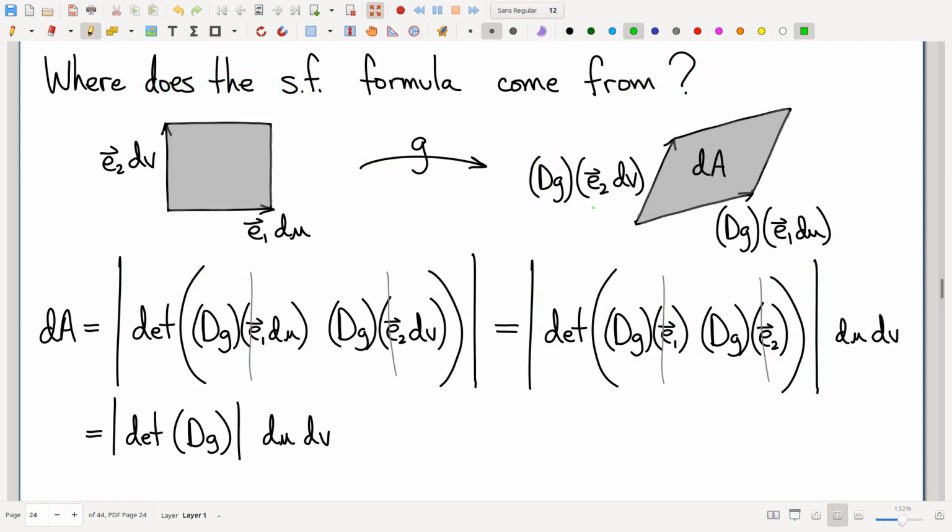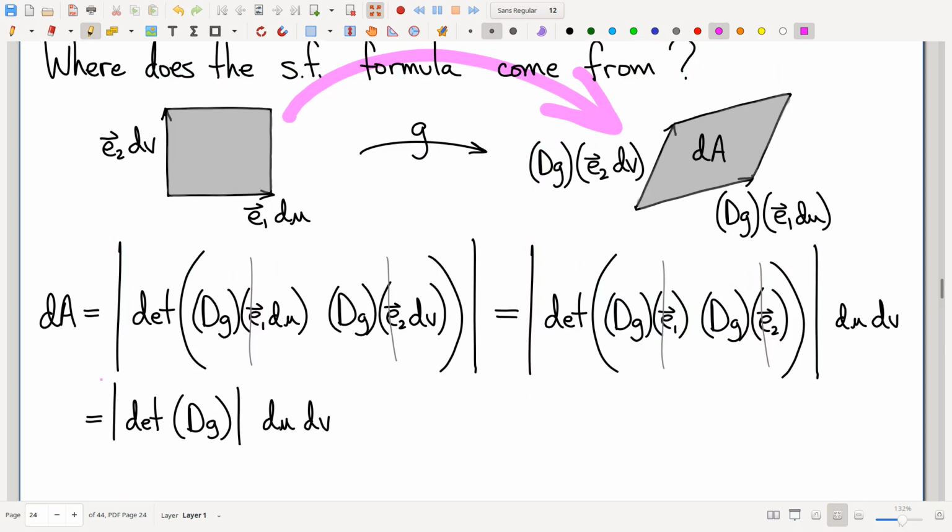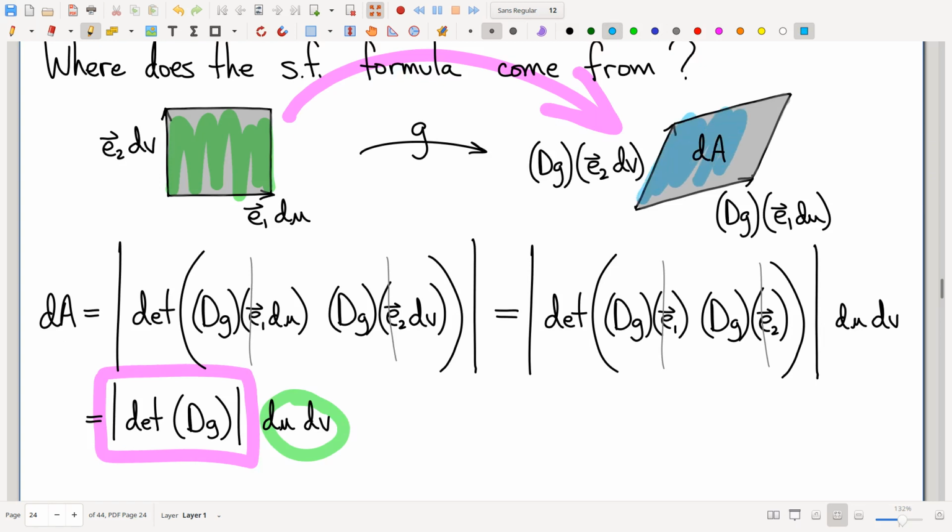Okay, so what I want to know is by what factor this area is bigger than that area. And you can kind of see how the algebra is going to work out. You can see I've derived that factor here. And in particular, that's what you multiply by this area, du dv, to get this area that I'm calling dA. That represents area in the xy plane, namely in the target.